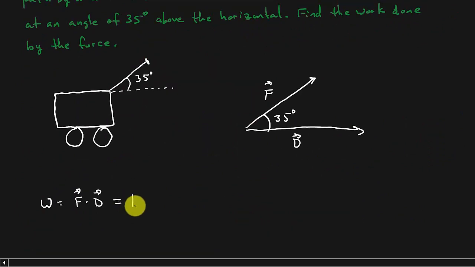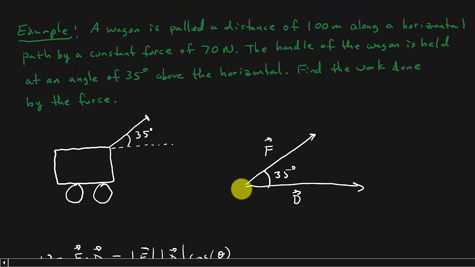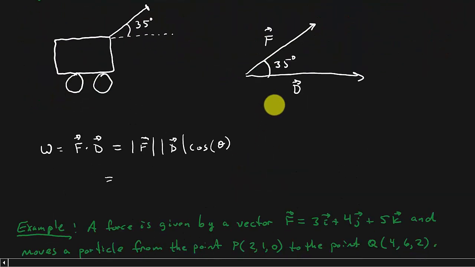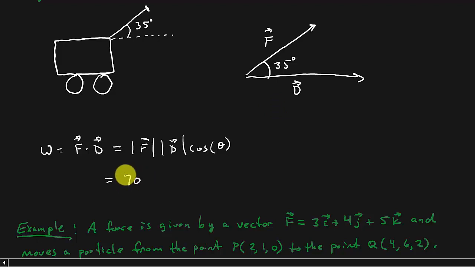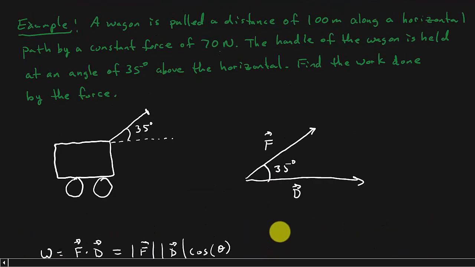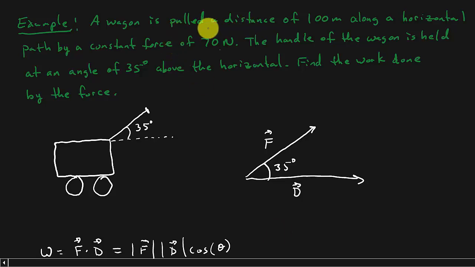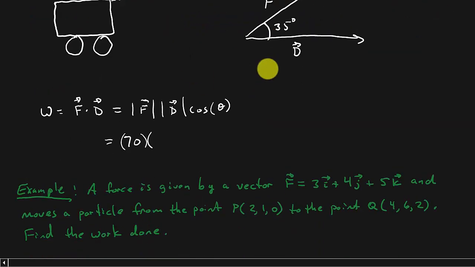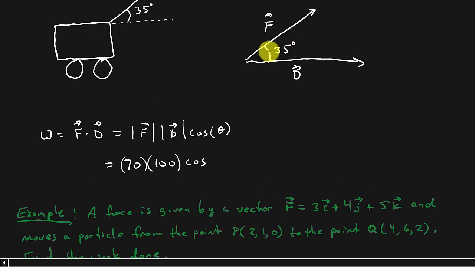So this is equal to the magnitude of F times the magnitude of D times cosine theta. The magnitude of F is a constant force of 70 newtons, so that's 70, times the magnitude of D, a distance of 100 meters, so 100, times the cosine of the angle between them, 35 degrees.